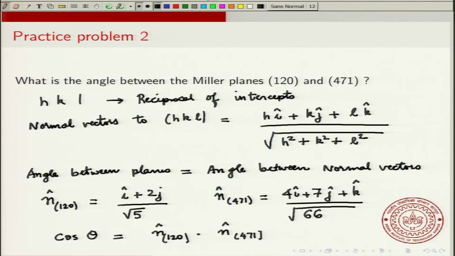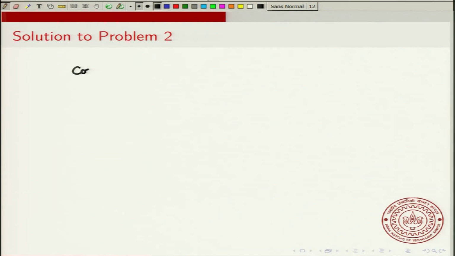If you take the dot product, you have i into 4i, and then you have 2j into 7j. Those are the two terms that will contribute. So, cos theta is equal to 4 plus 2 into 7, 14, divided by square root of 5 into square root of 66.